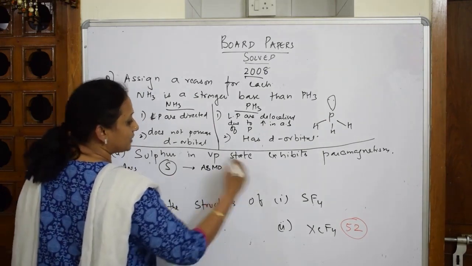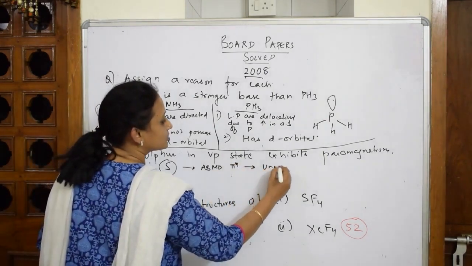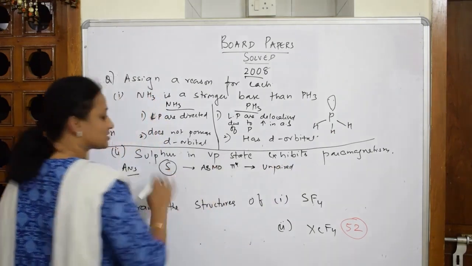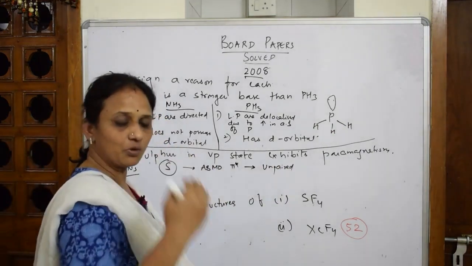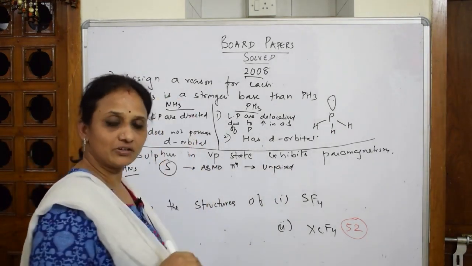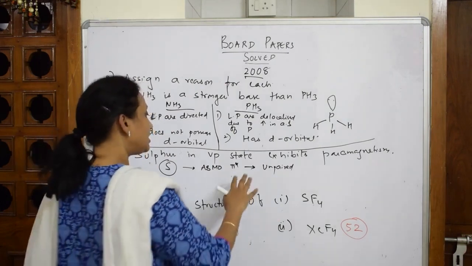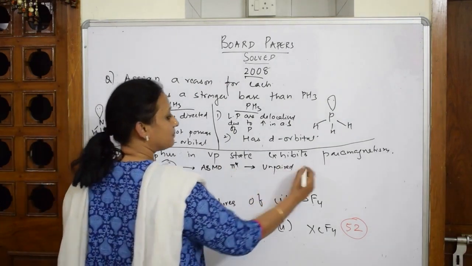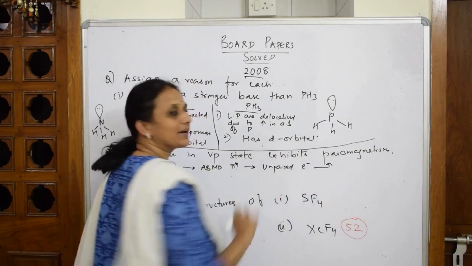In that you find unpaired electrons. You can draw the structure, bonding, anti-bonding, as you have drawn in grade 11th. There in the anti-bonding orbital you get unpaired electrons, hence it is paramagnetic in nature.